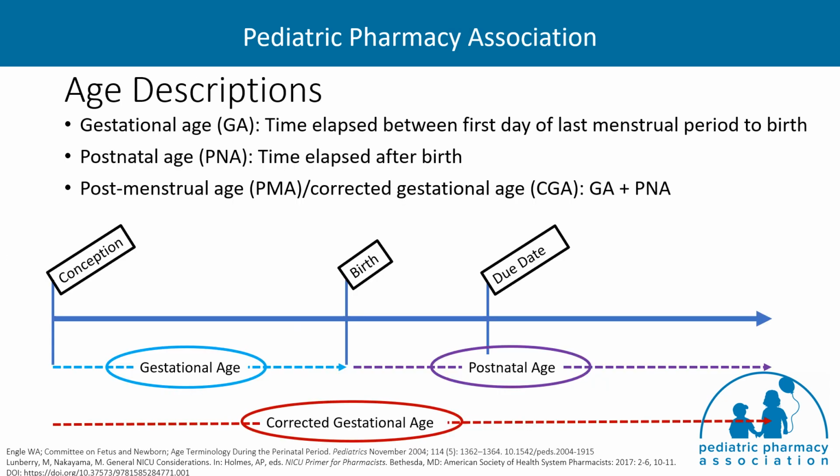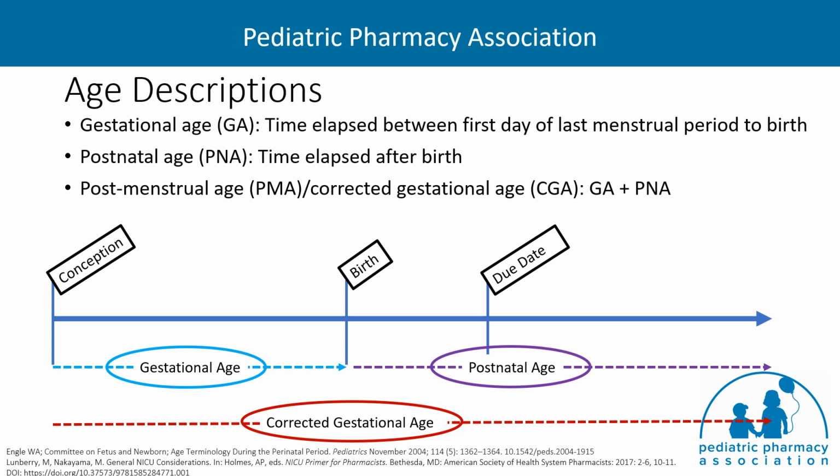Now moving from weight descriptions to age descriptions, there are a few different ways that you will see age reported in a neonatal patient. Gestational age, labeled GA, will refer to the time elapsed between the first day of the last menstrual period to birth. I've also included below a picture of what this looks like if you're a little bit more visual. So if you can see, conception to birth will refer to gestational age.